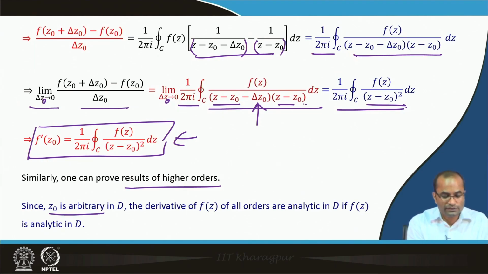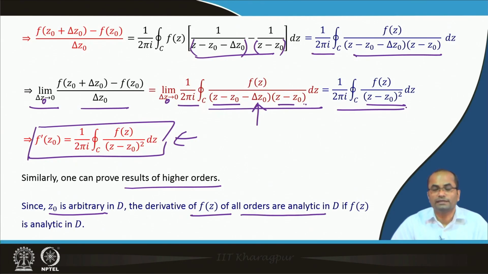Since this z0 is arbitrary, we have chosen just an arbitrary point z0, the derivatives of f(z) of all orders are analytic in D. So, what we have seen is that if f(z) is analytic, we can get f prime at any point in the domain.